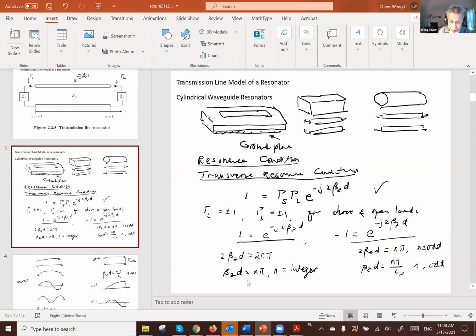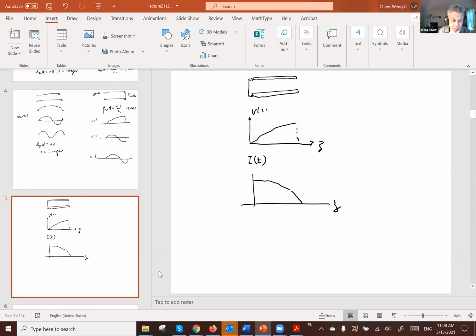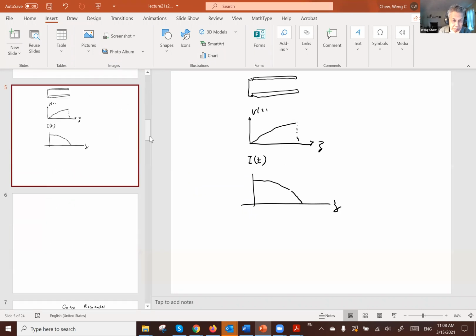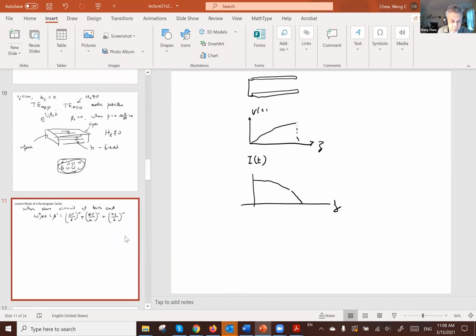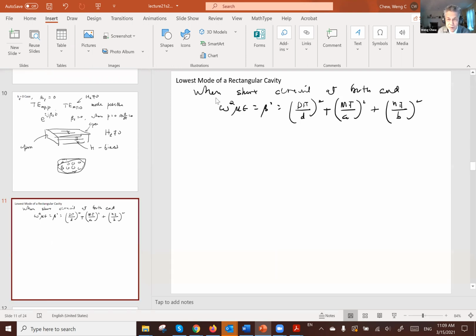And the resonance condition is that beta ZD is n pi, where n becomes an integer, but I'm taking n to be p in this problem. So if I have short circuits at both ends, then this is the resonance condition for that cavity.